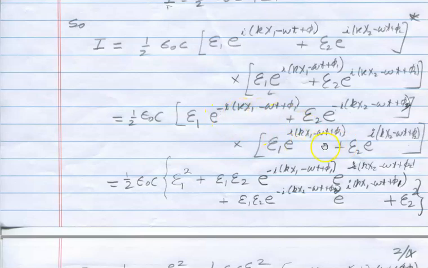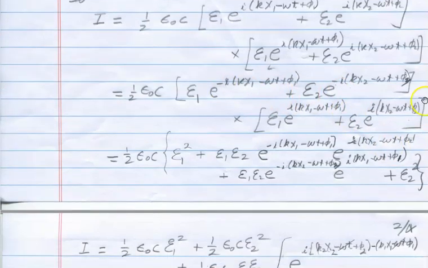And now I need to multiply this out, just expanding these two factors. It'll be the first term times the first term here, and you'll notice that they have exactly the same argument for their exponentials except for a minus. So this is the inverse of that, and I just get E1 squared. First term times the second term, I get a cross term here, with E1 E2.